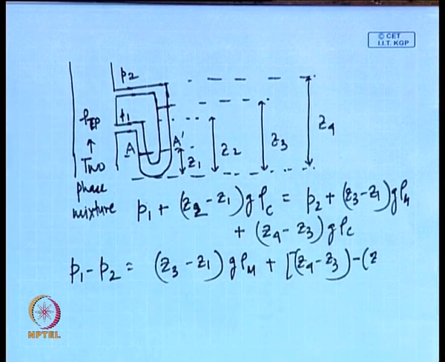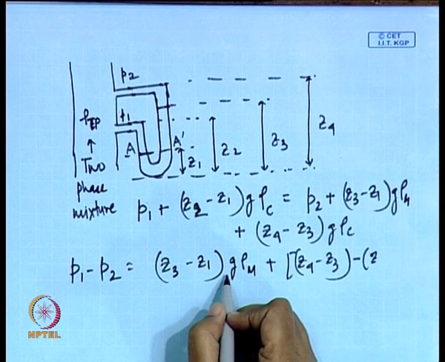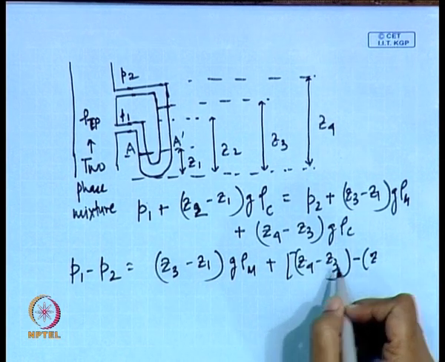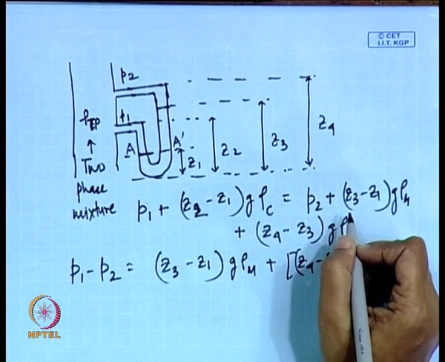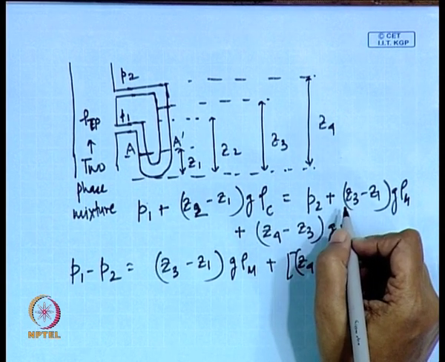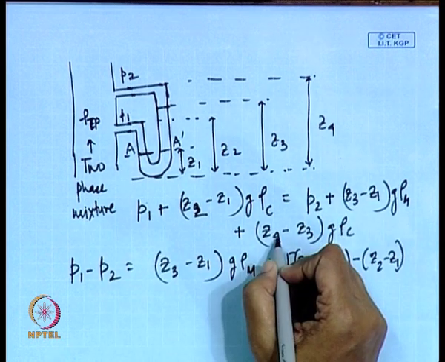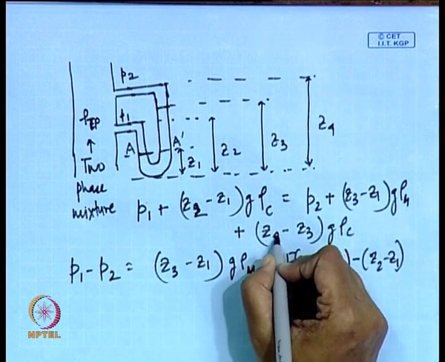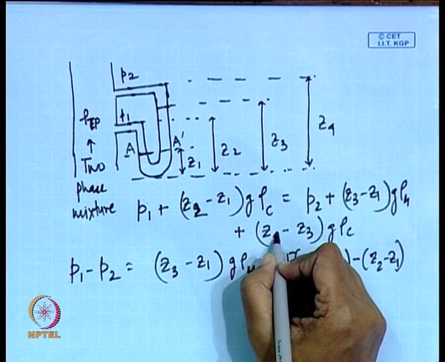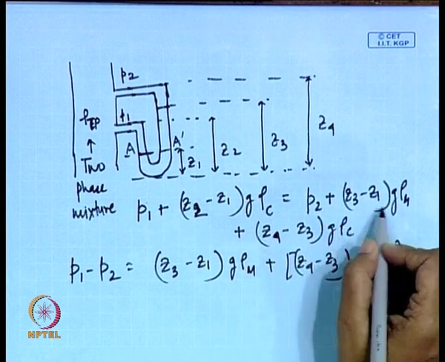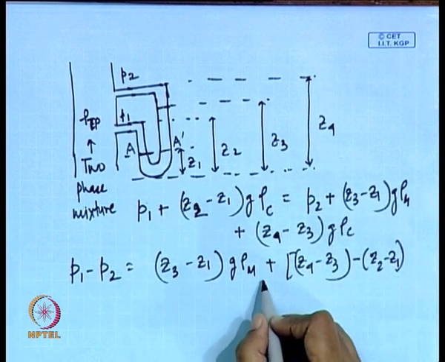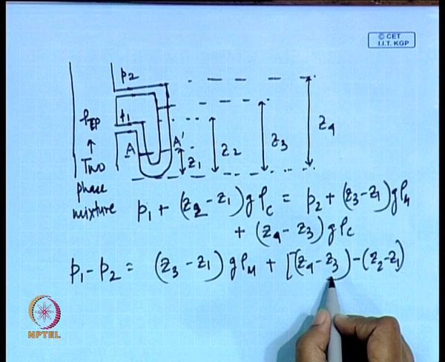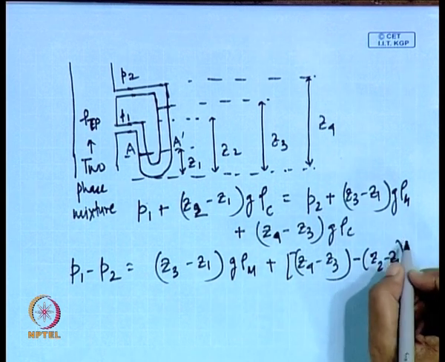Sorry, here also it was Z2 minus Z1, very sorry. It was Z3 minus Z1 G rho M plus Z4 minus Z3 minus Z2 minus Z1 G rho C.